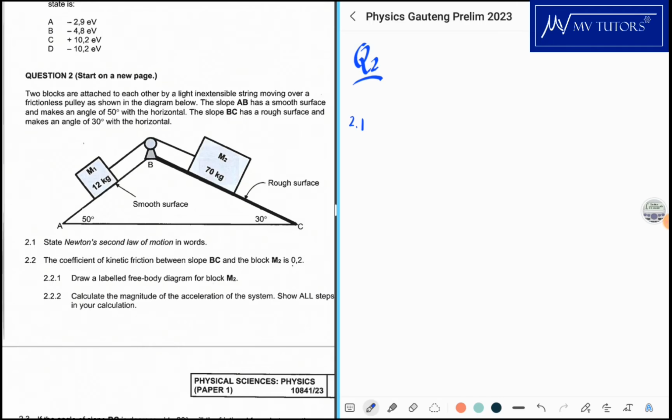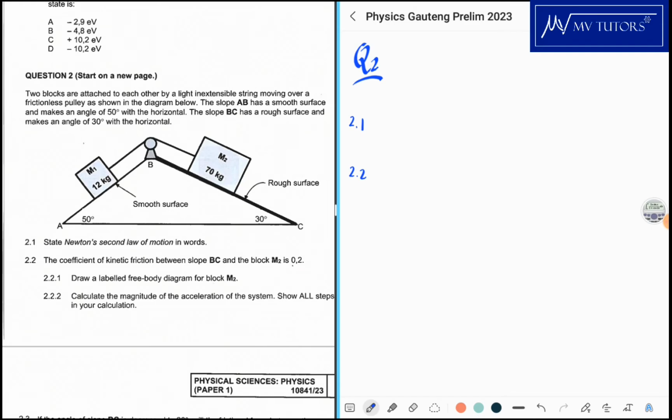Hence, in question 1, I was saying if the force were to reduce, acceleration was also going to reduce. And in the same light, the acceleration is inversely proportional to the mass. So that is Newton's second law of motion.